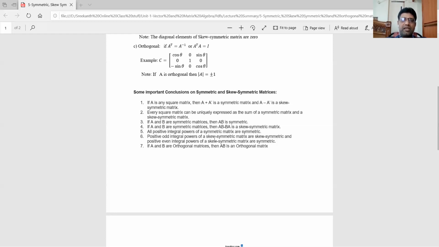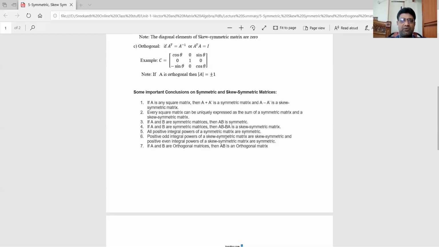Next, coming to the sixth one. Suppose A is a skew symmetric matrix. Here also you are calculating the powers of that matrix, A square, A cube, A power 4. Whereas in the previous case, whenever A is symmetric, all the integral powers, irrespective of whether even or odd, are symmetric, in a skew symmetric matrix an important point you have to notice: if it is odd powers, then you will get skew symmetric.